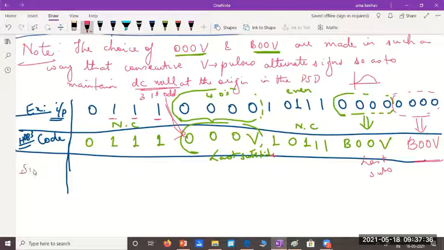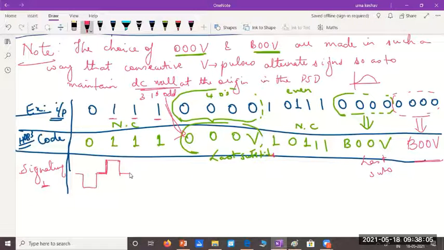Actually, how the signaling scheme looks. Let me assume, so if this previous pulse, or let me directly start off here. A 0 is represented with binary 0, 1 is represented with positive. Say I'm using RZ, that's why I'm giving a gap.